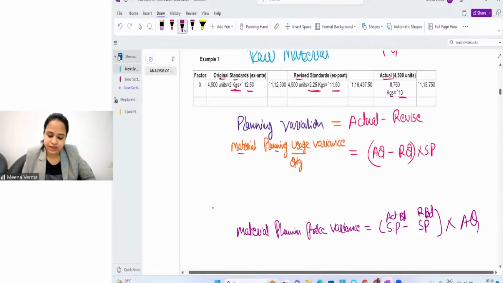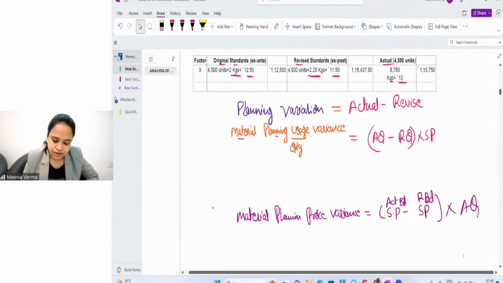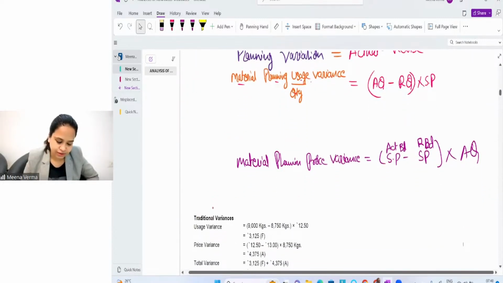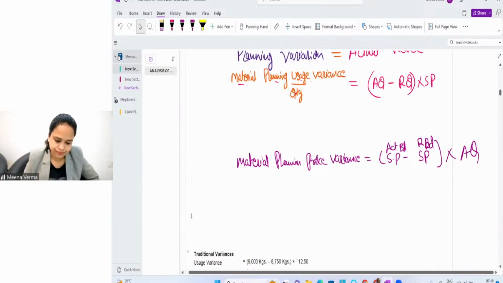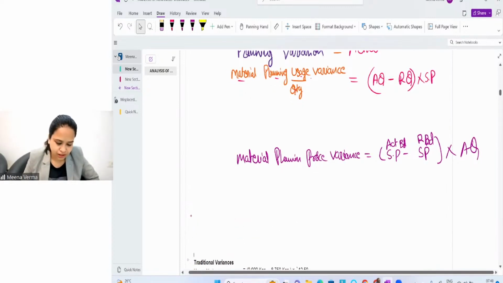This will be the price variation. Then what do we have to see? The total variations.